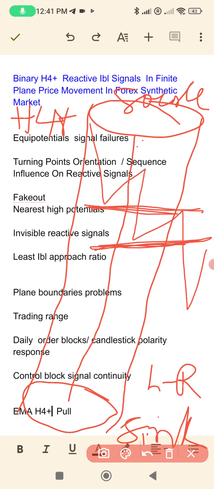This longest part is the reactive signal RA, or the impulse, while the shorter price movement, which goes against the main trend, is the retracement R.